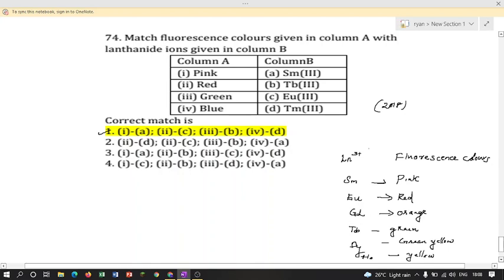Then Tm, that is blue in color. Therefore, here option 1 is the correct answer: Sm pink, Eu red.